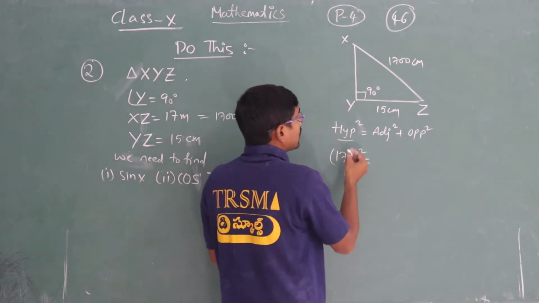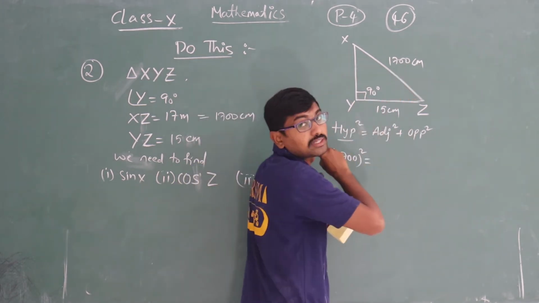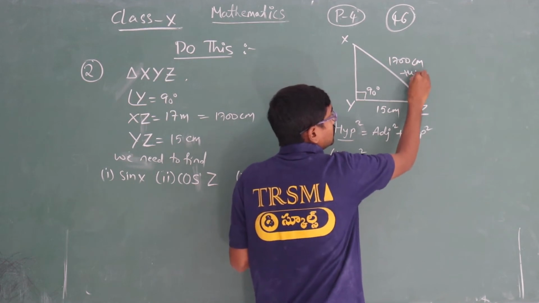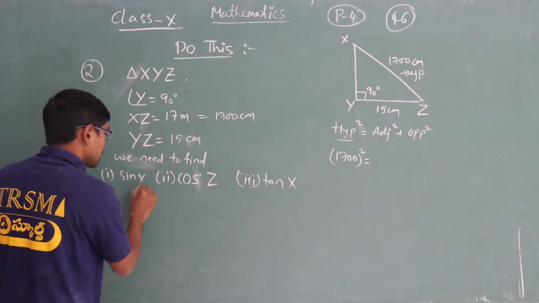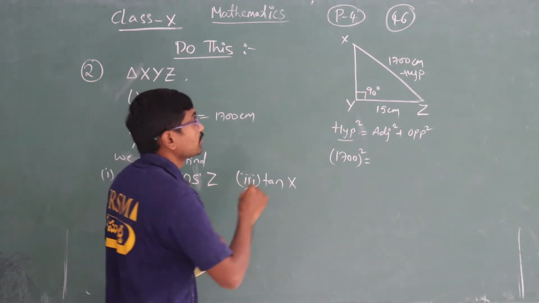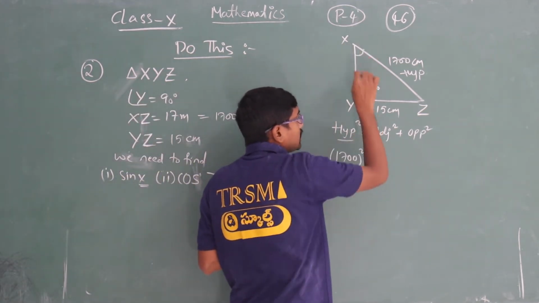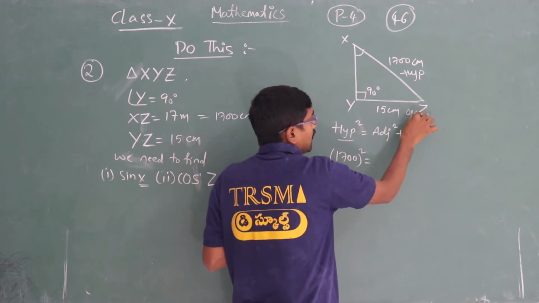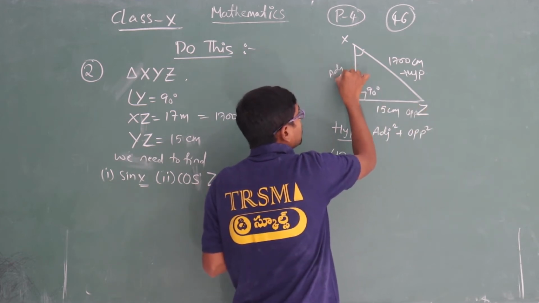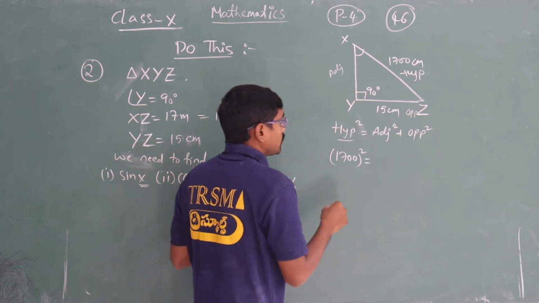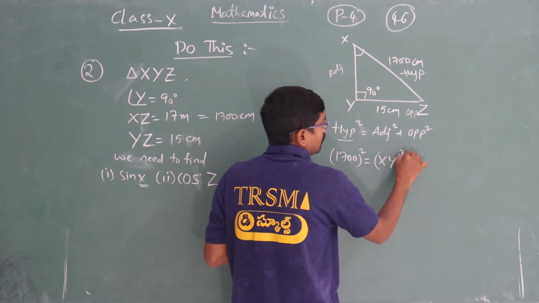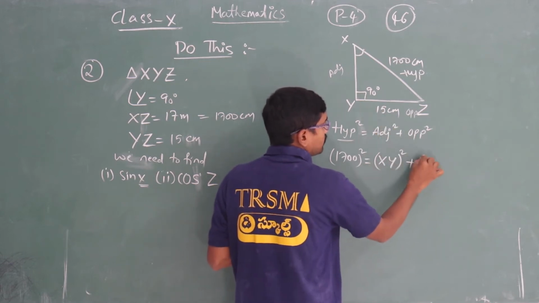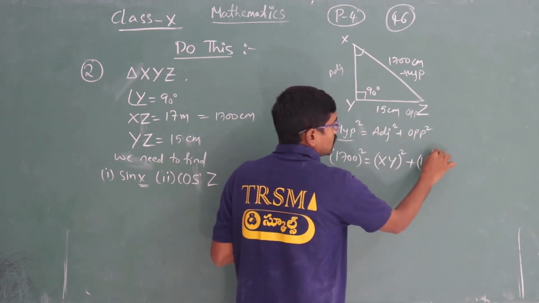How do we know the hypotenuse? It is the side exactly opposite to the 90 degree angle. First he asked for sin X, so we take the acute angle at X. So this side becomes opposite and this becomes the adjacent side. The opposite side is 15 centimeters, the adjacent we don't know, so XY square plus opposite, 15 whole square.